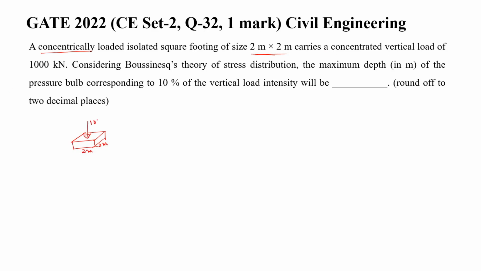If you see in the front view, 2 meters, and this is 1000 kilonewton. If we convert it into the pressure at the ground level, this is ground level.